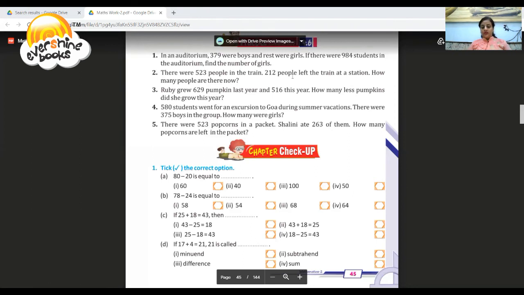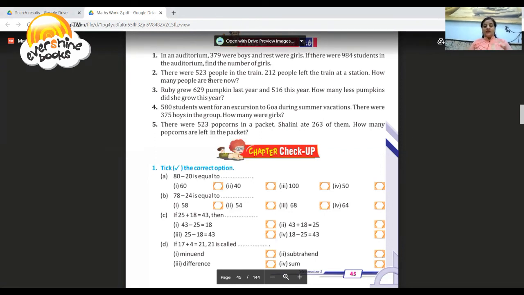What are we going to write? We are going to write the bigger number. The bigger number is 984 and we are going to subtract the smaller number, that is 379. First of all, you will write hundreds, tens and ones, and then you are supposed to arrange it in a column and write the answer in that. Okay, students?